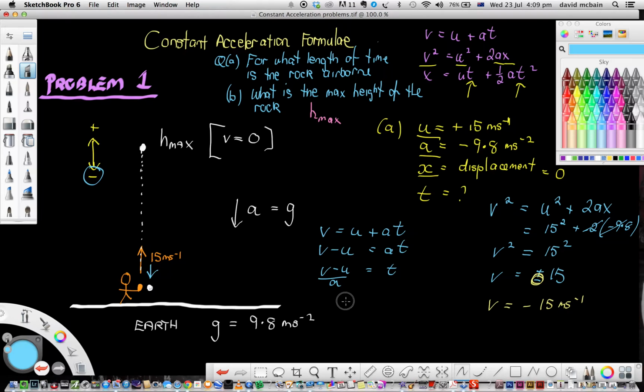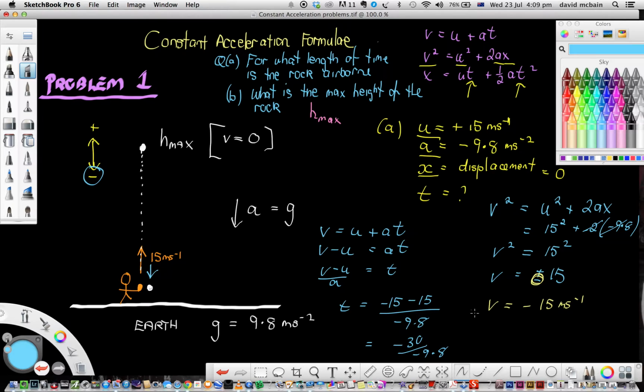So t therefore equals v, which is negative 15, minus u, which is 15, divided by the acceleration, which is negative 9.8. So negative 15 minus 15 is negative 30 over negative 9.8.